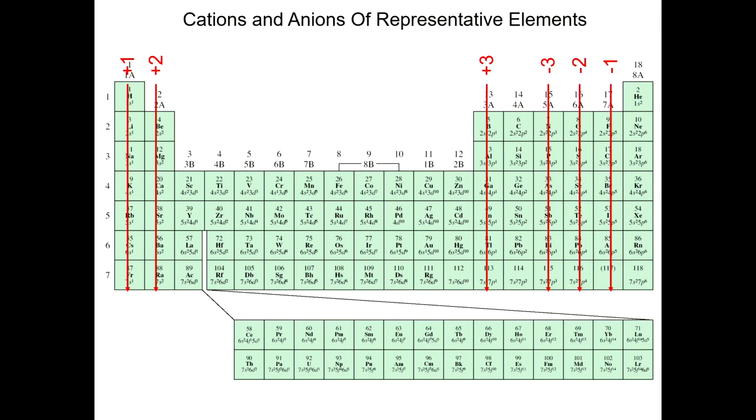So it should be minus 1 charge, and this one gets 2, this gets 3. But for this group, because they have 4, in some cases they can lose 2, 3, or 4, and in some cases they can get 1, 2, 3, or 4. Basically, they tend to lose, and sometimes can get more.